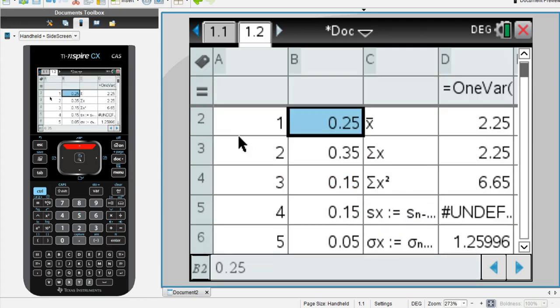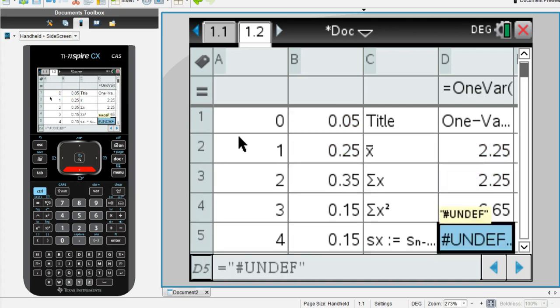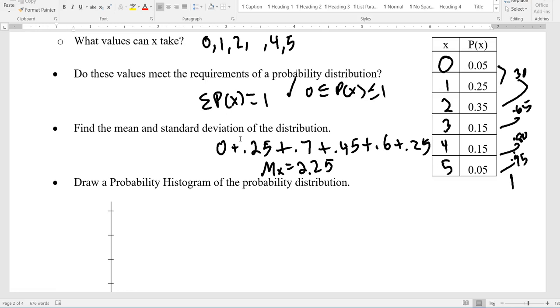And then it has no problem. What's the mean? Is that the mean we got? What's the standard deviation? The true standard deviation is 1.25996, round up to 1.26. Okay.